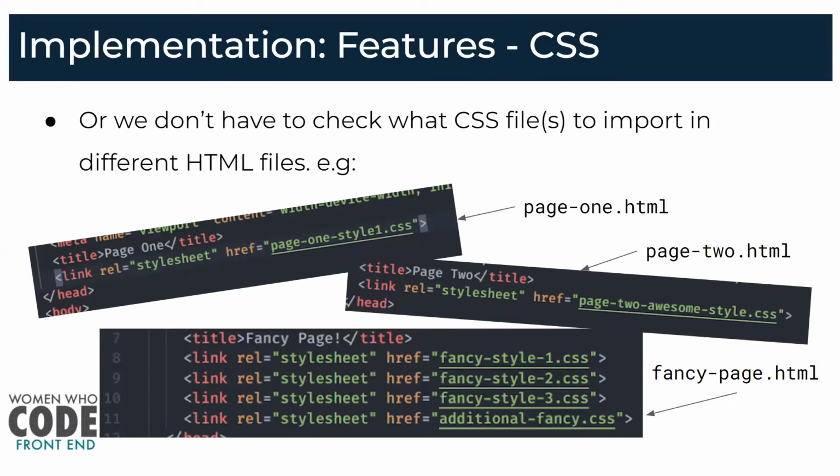For example, let's say I have page1.html, and for this I should use page1-style.css, and for different pages I should use different CSS files, and I don't want to check this manually. So because of this, I'm just importing every CSS into style.css, and I'm just importing style.css into HTML.